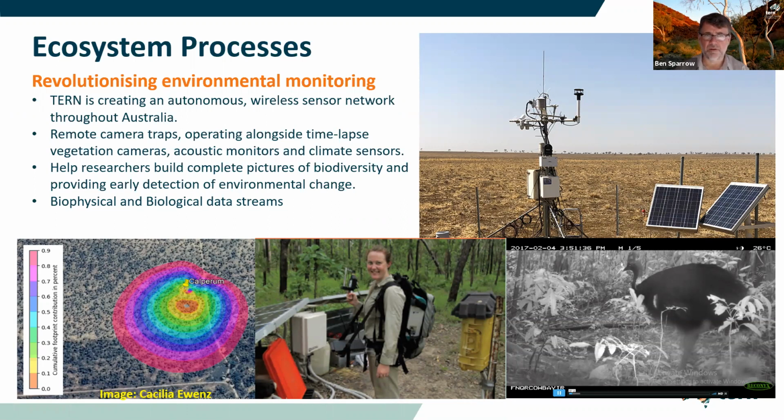They also include remote camera traps, time-lapse imagery of vegetation, acoustic sensors and climate sensors, and as I alluded to before, those sensors that detect the gaseous exchange. They help researchers build a complete picture of the biodiversity at that site, feeding into other programs as well, and have both biophysical and biological data streams.